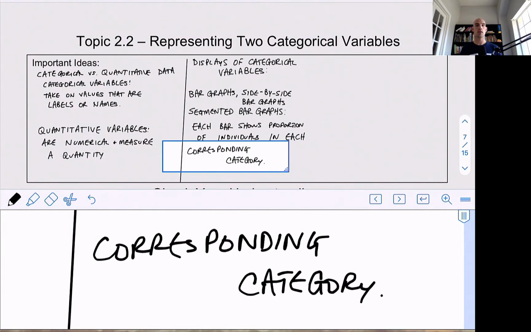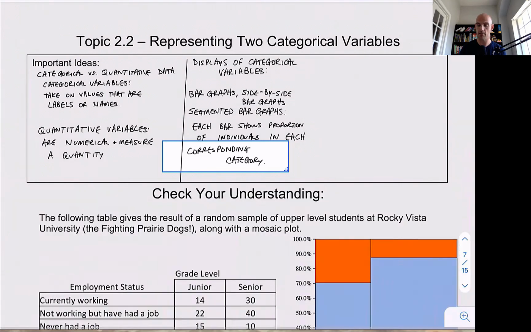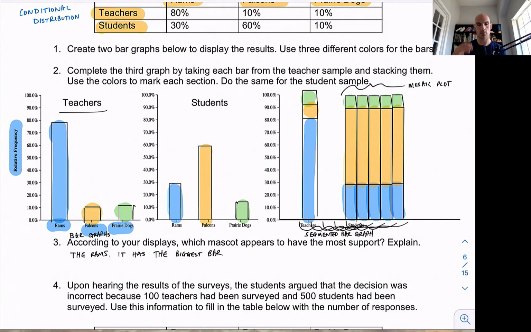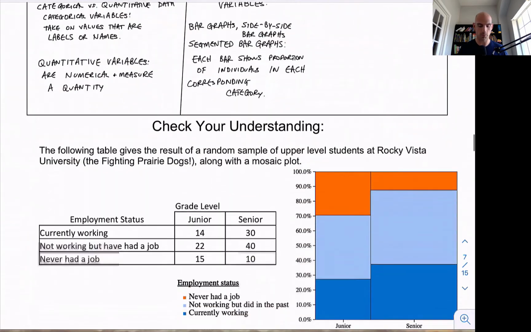For example, up top we had the percentages. That's the proportion. Proportion and percent mean the same thing. So proportion or percent.